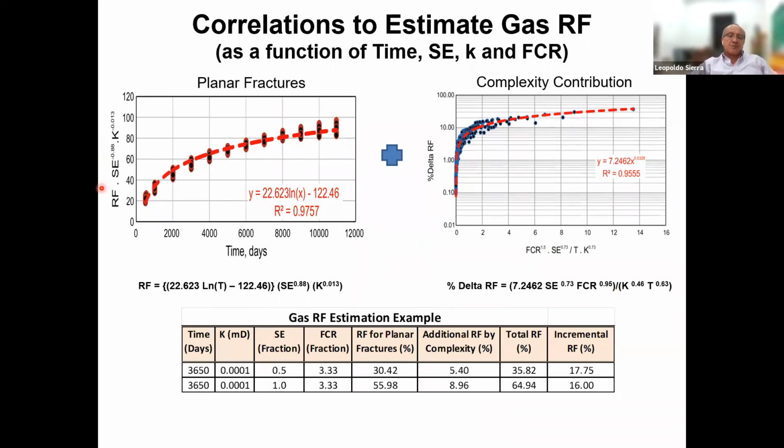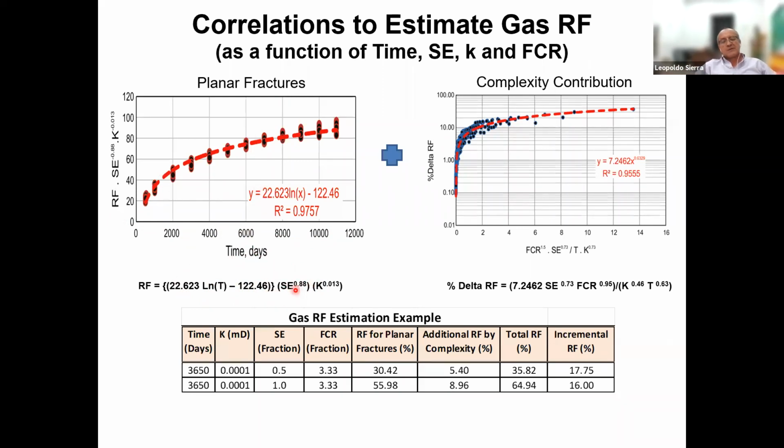So if we're generating only planar fractures, we're going to be able to estimate the recovery factor based on time, stimulation efficiency, and also permeability. We know time is one parameter, where depending on how long we'd like to make the study, we can see what our recovery factor is going to be based on the stimulation efficiency.